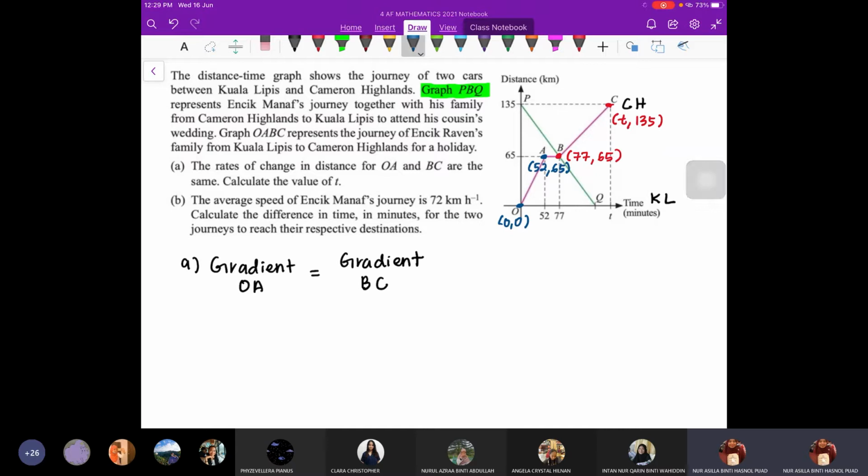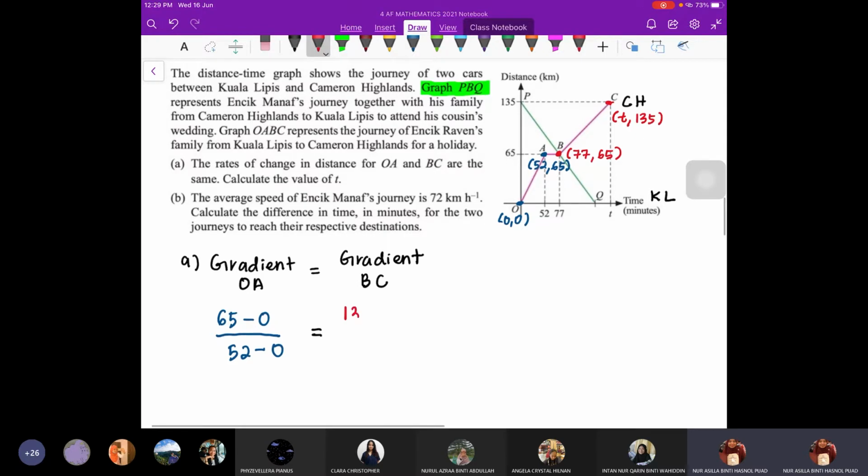So y2, so 65 minus 0 over 52 minus 0 equals y2, 135 minus 65 divided by t minus 77.